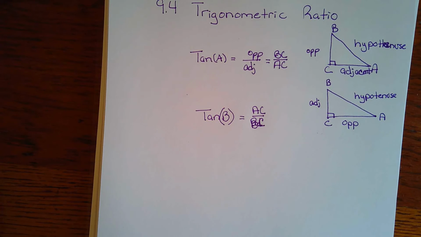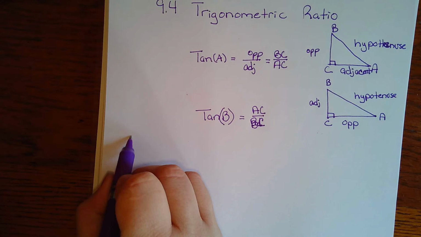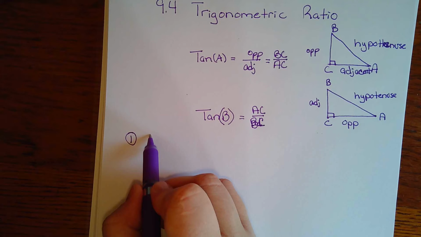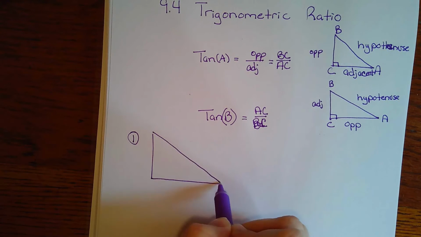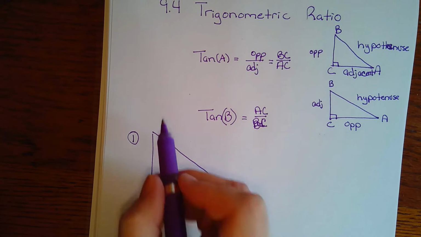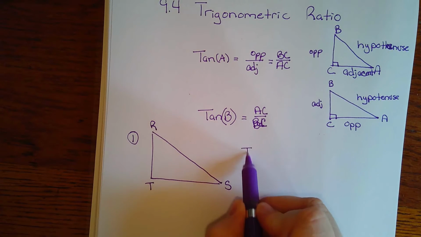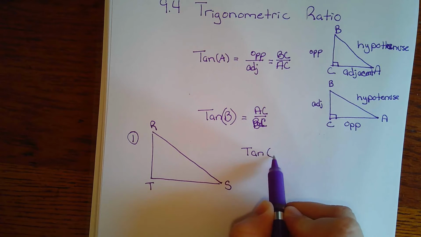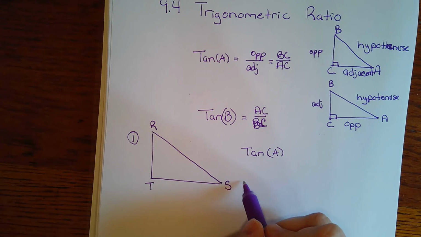So let's look at number 1. For number 1, let's draw this out. All right, so this is S, this is T, and this is R. We are looking for tan A and then tan B.